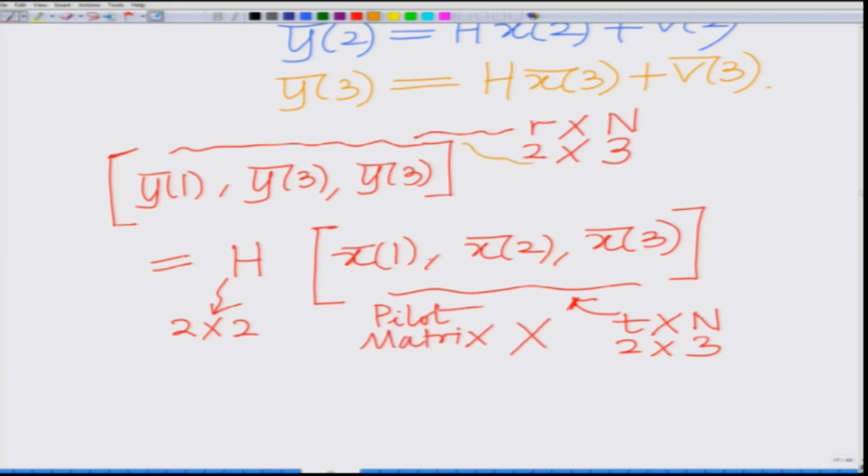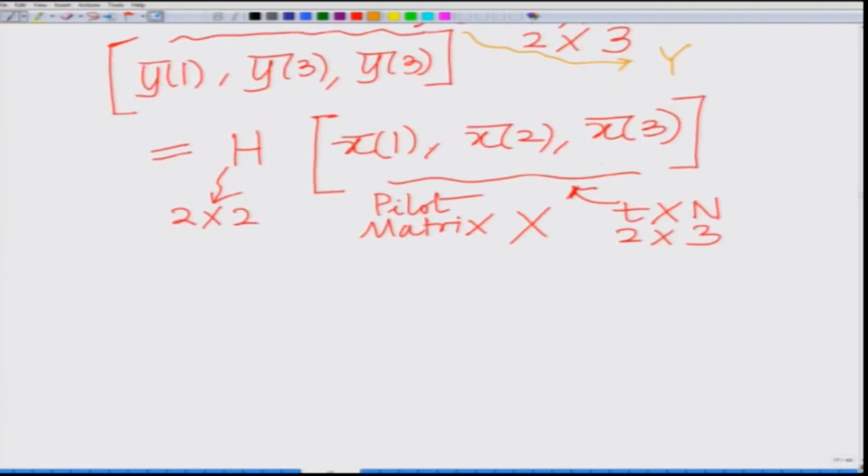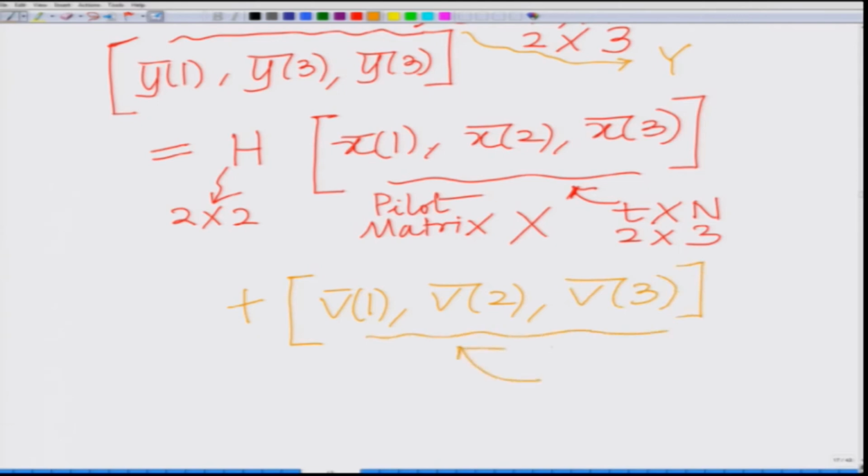This received concatenated output matrix, we denoted this by y, and this of course plus there is going to be your noise vectors v bar 1, v bar 2, v bar 3. This is basically your noise matrix, which is r cross n.